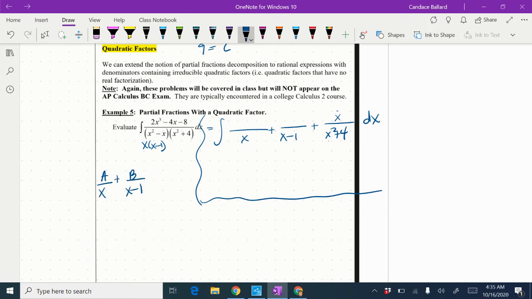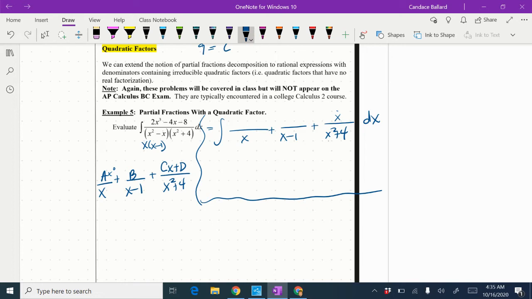And if you think about it, those are x to the zeros, right? So that's 1 degree less. So for my quadratic factor piece, I have x squared plus 4 on the bottom, and the numerator, I need to figure out Cx plus D. So that's what we went 1 degree less. And as far as your constants are concerned, you just keep going. We don't want to repeat any of those constants.